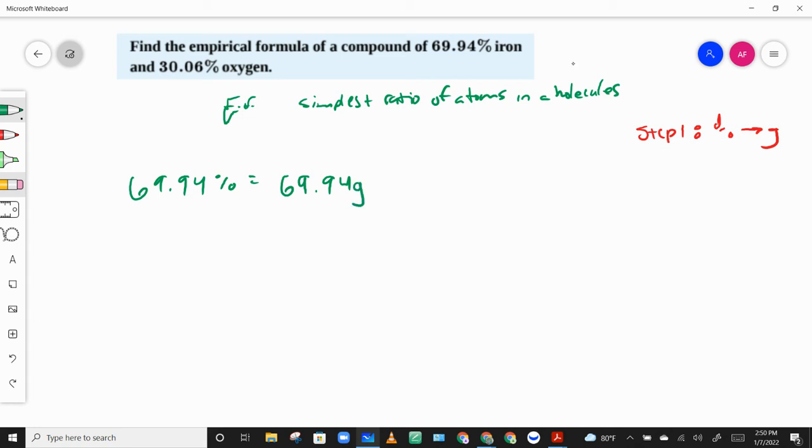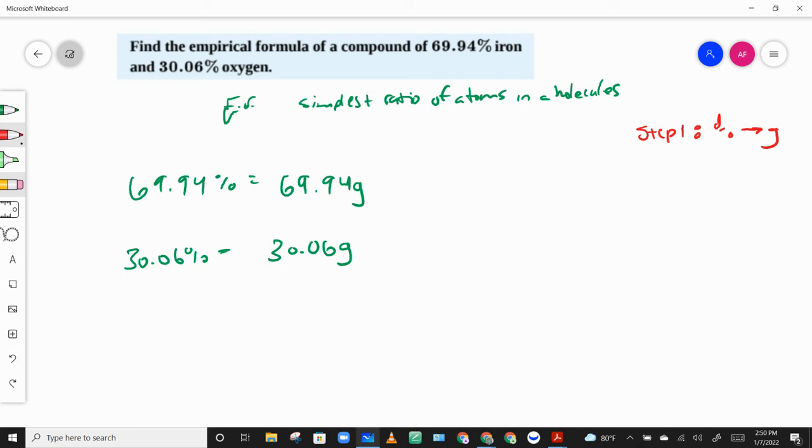Same thing with oxygen, so 30.06%, I'm going to change that to 30.06 grams. The reason we do that is we just assume that we have a 100-gram sample. Hypothetically, of that 100 grams, how many grams of each will we have? Simple as that.